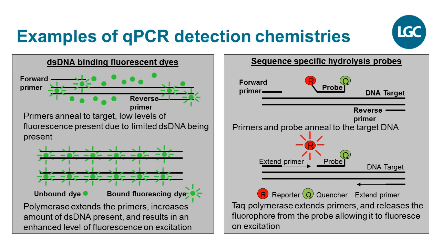During PCR extension of the primers by Taq DNA polymerase, the reporter is cleaved from the hybridized probe, which contains the quencher, resulting in the emission of fluorescence from the reporter when it is subject to excitation. An example of dual-labeled hydrolysis probe chemistry is the TaqMan probes, the reaction basics of which are illustrated on the current slide.